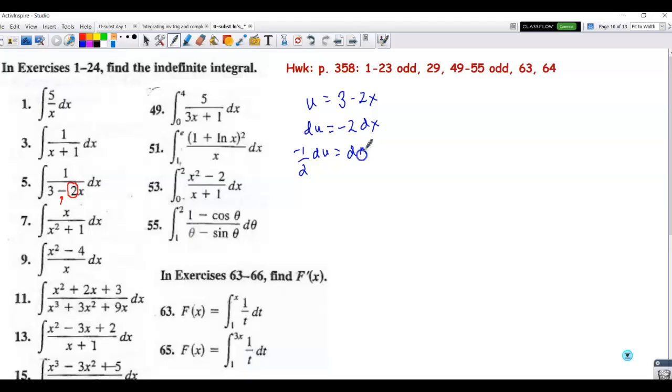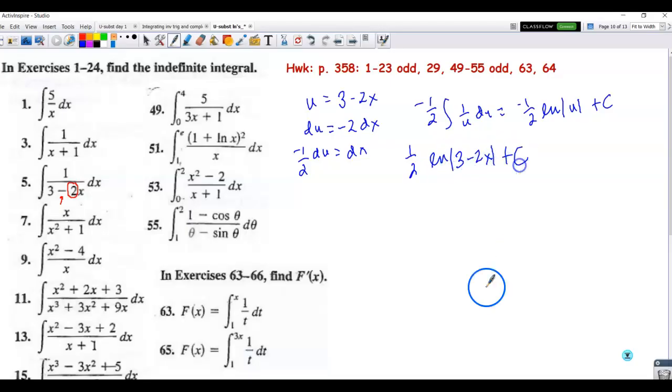So I'm going to divide both sides by negative 2. The coefficient of negative 1/2 goes in front. I get 1 over u du, which is negative 1/2 ln absolute value of u plus c. Make the resubstitution, and that gives me negative 1/2 ln absolute value of 3 minus 2x plus c.